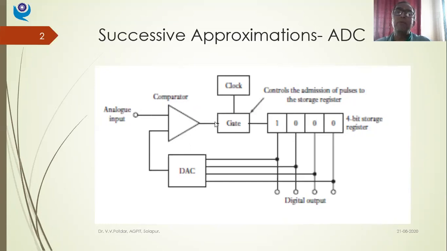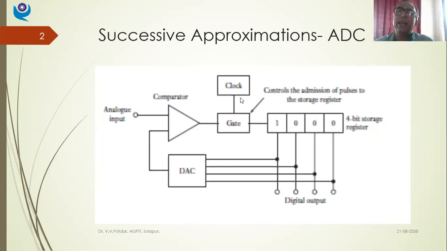But till that time, what was happening? Please be attentive. This gate was closed. I am not receiving any analog signal. What I am receiving is a pulse signal from a clock, and the gate is allowing only that pulse signal, and it is showing the digital value of that, of which I already know the digital value.